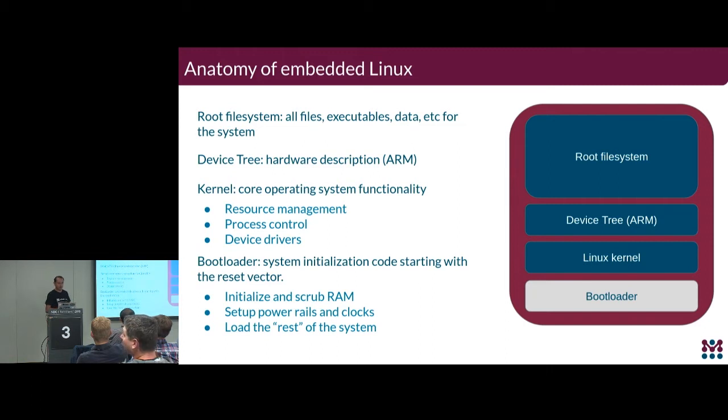So in most cases, you avoid updating the bootloader. You have, for example, the Linux kernel. You have a device tree, that's an ARM thing for hardware description. And then you have the root file system that contains the operating system and your applications and so on. And typically, you would like to update all of these.